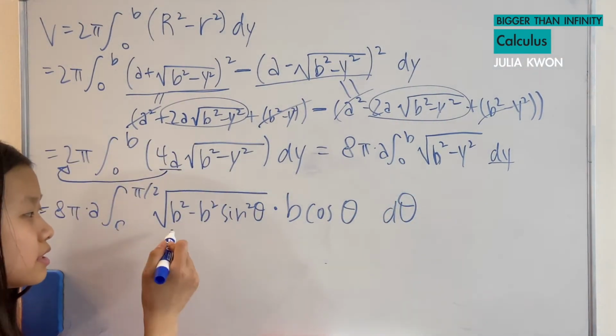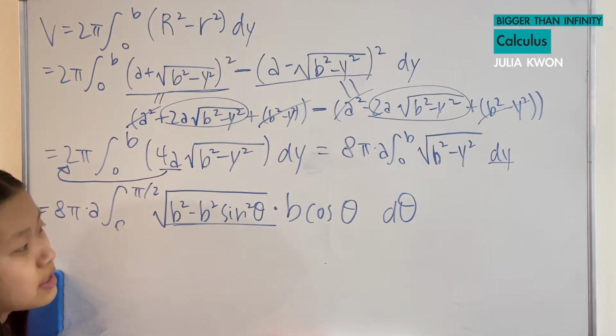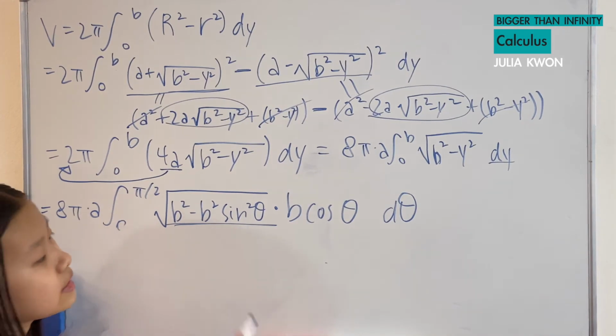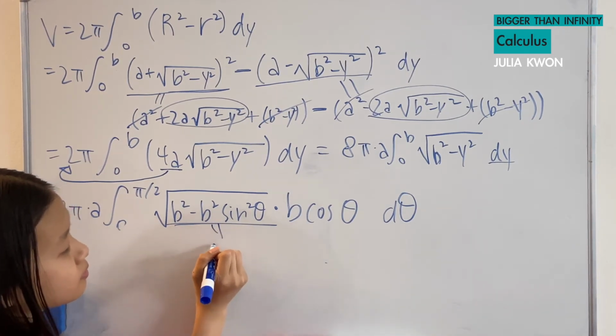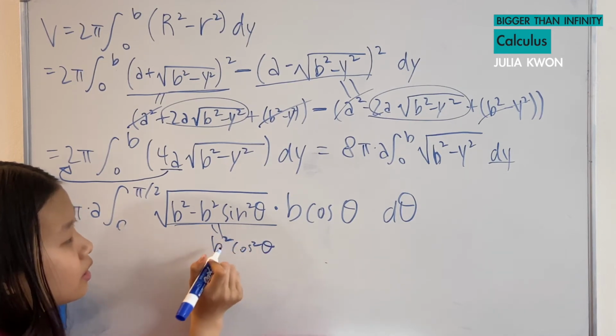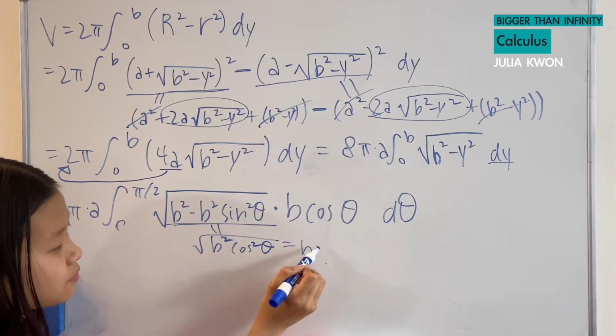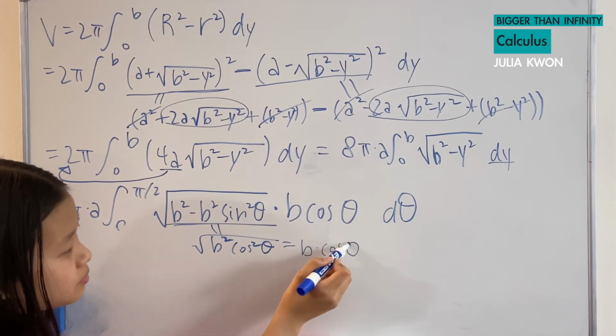Now, this is a trigonometric identity. B squared minus b squared times sine squared theta is of course equal to b squared times cosine squared theta. But we had the square root, so if we square root that, we would just have b times cosine theta.